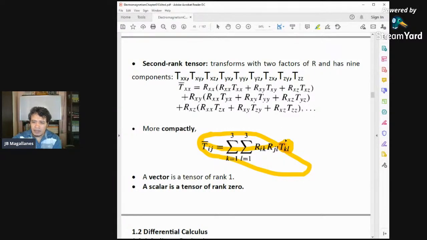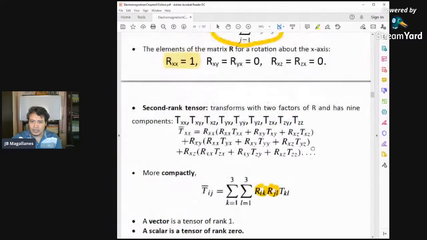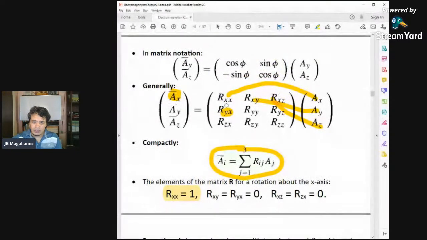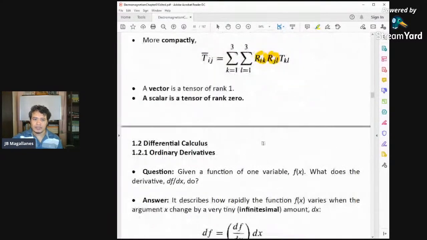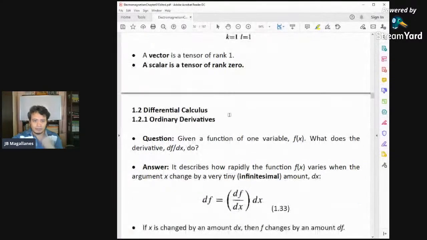The 3 by 3 matrix will be operated on first by this one and then by this one. The two R's here just look like this also, but they may have different components. So again, a vector is a rank 1 tensor, and a scalar is a rank 0 tensor.